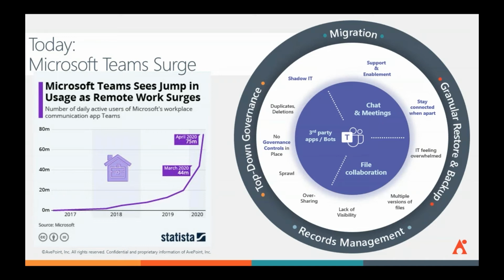The graphic that you see on the left shows the spike in the usage of Teams as it's grown over time. I remember going to a Microsoft conference in October, November last year, where daily users were still at about 8 or 9 million a day. Now that's going very, very high, and daily active use is shooting up.